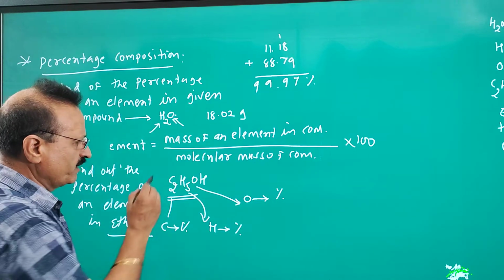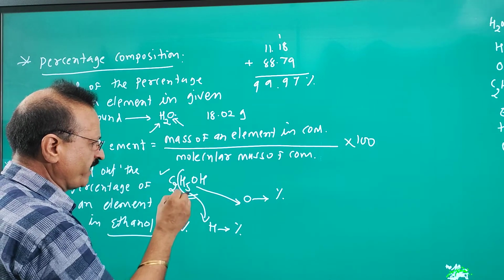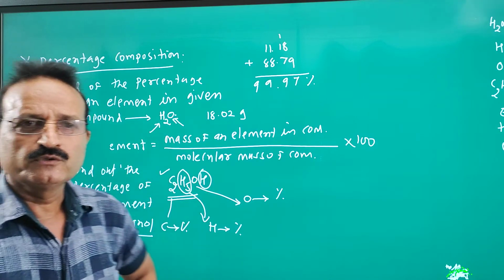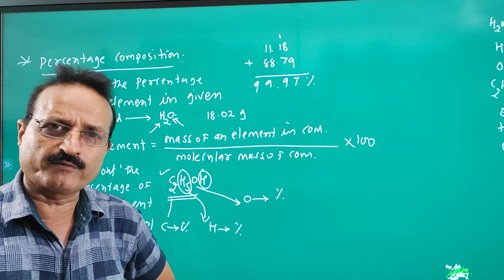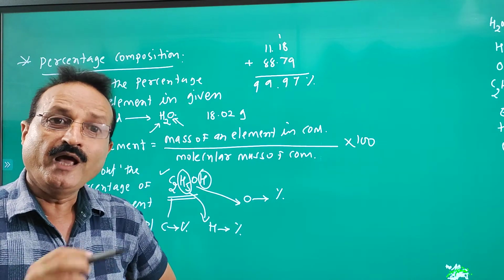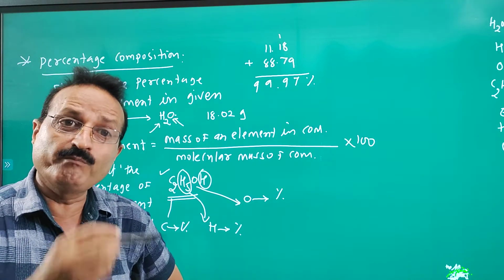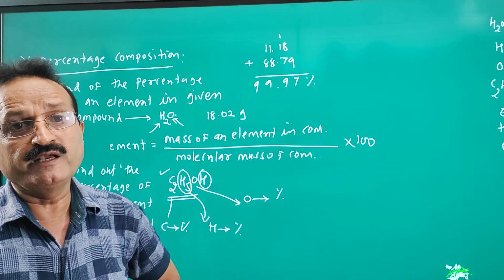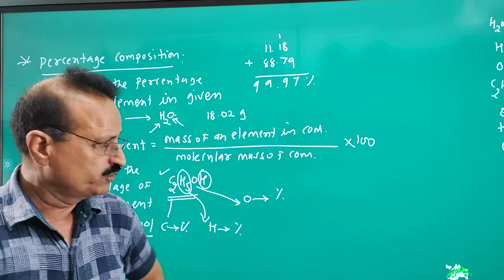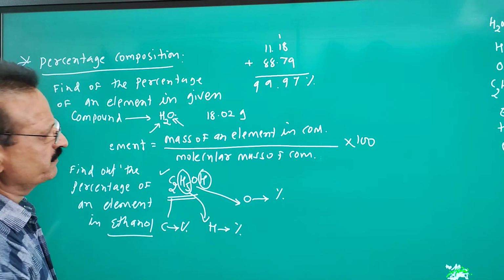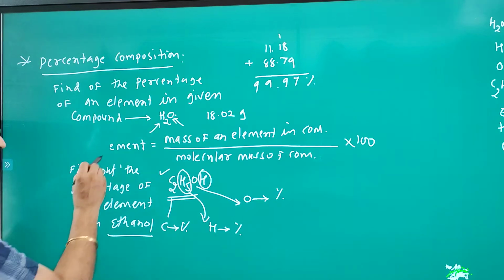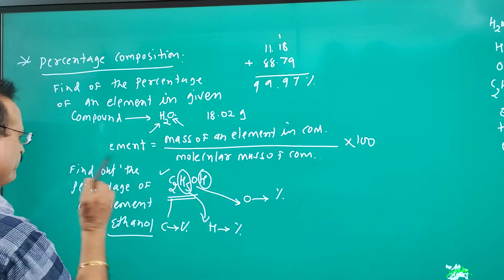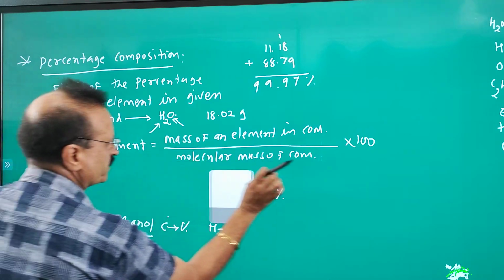In ethanol there are 2 carbon, a total of 5 plus 1, 6 hydrogen, and 1 oxygen. So we will find the percentage of carbon, hydrogen, and oxygen, and make the sum of all percentages. The total will be nearby 100. We will not use this formula continuously because you can now easily remember it, so I am deleting the topic.